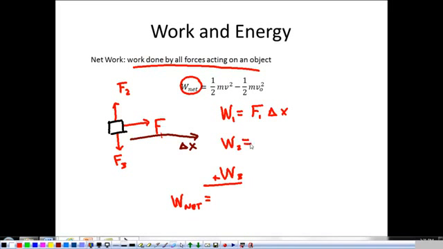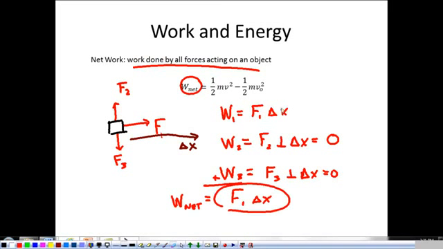Work 2, here we see that force 2 is perpendicular to delta x. And we know that means that the work is equal to 0. It isn't helping me move. And work 3, we get the same thing. Force 3 is perpendicular to delta x, so a big old goose egg as well. So the net work on this object is just equal to force 1 times delta x. And we could use that quantity to determine what's going on with our kinetic energy or our velocity.